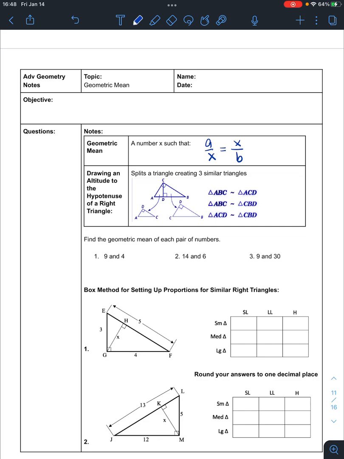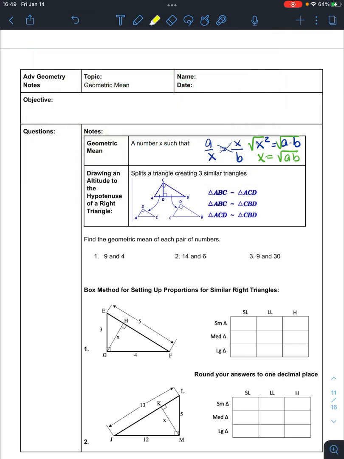So if I ask you to find the geometric mean between a pair of numbers, this is how you would do it. You would cross multiply, and you would get that X times X is X squared, and then A times B is A times B. To find out what X is, you would take the square root of both sides, and so X is equal to the square root of A times B.